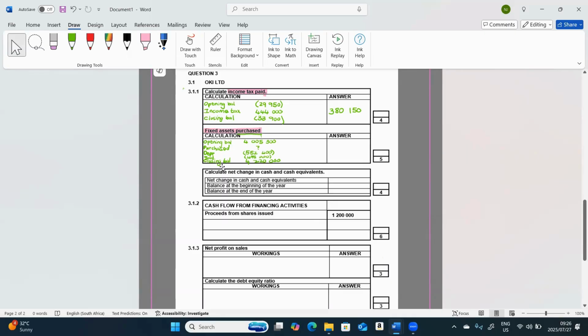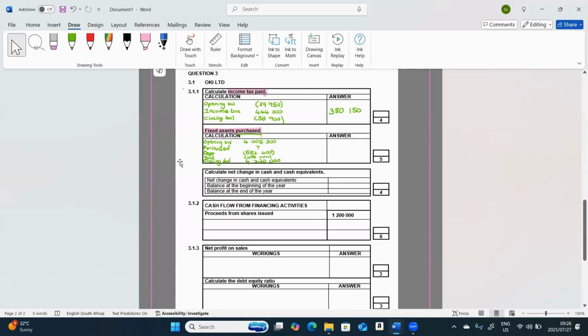So basically, you can work from the bottom up. So you can say the 4,220,000 plus the 495,000 plus the 552,000, and then minus your opening balance. That will give you your balancing amount over here.